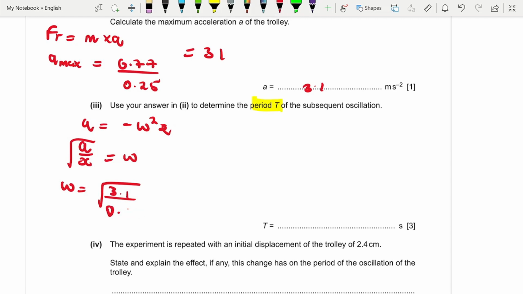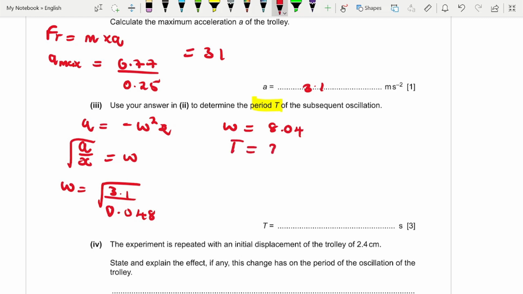Sorry for that. And the value of omega is going to be equivalent to 8.04. Right? That's the value of your angular velocity, or angular frequency. So angular frequency is much better. I like angular frequency.